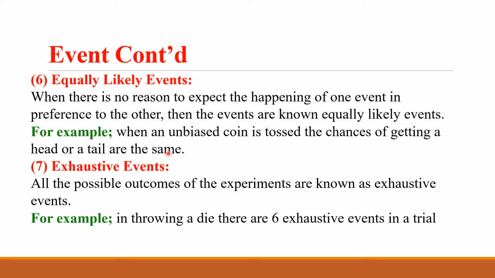But if I'm tossing 2 separate coins, then I should be able also to get the likelihood of those events. So the total possible outcomes is what we are saying the exhaustive events. Now, in tossing, for example, a die, there are only 6 exhaustive events, as we have seen. It's either the face with 1 on top, or 2, or 3, or 4, 5, or 6.